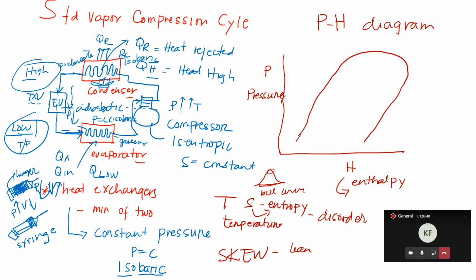The line here is the pH diagram of the refrigeration. You can study other pH diagrams also, for example pH of water, pH of others. But here, pH of refrigerant, because we are studying refrigerant here. That's the working fluid of the refrigeration system.